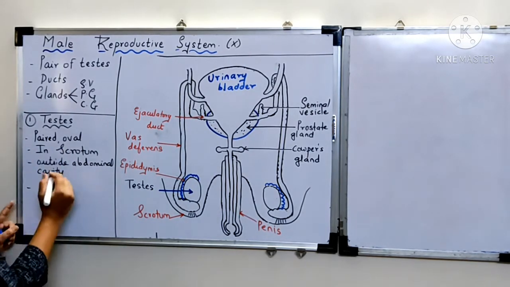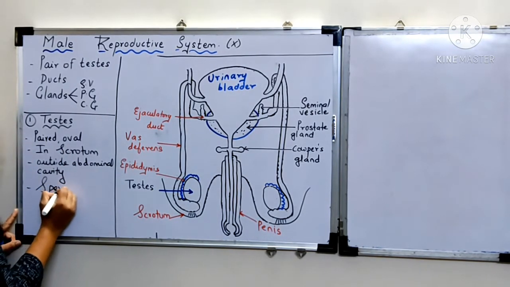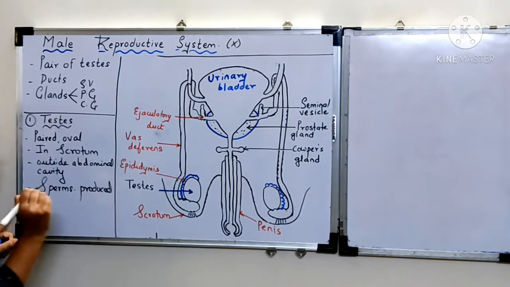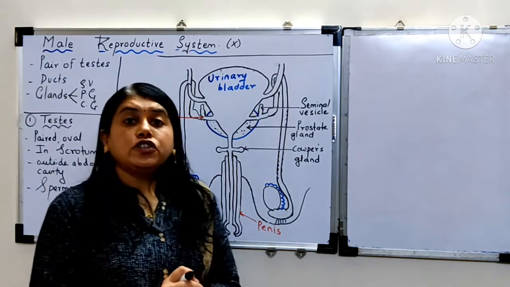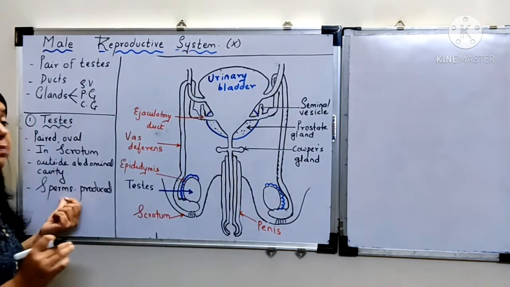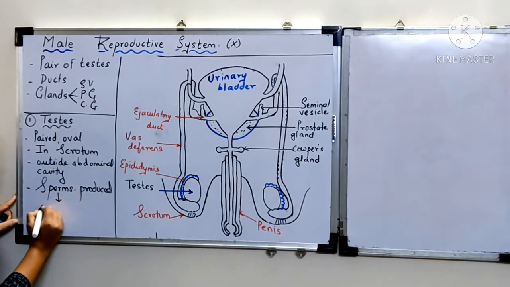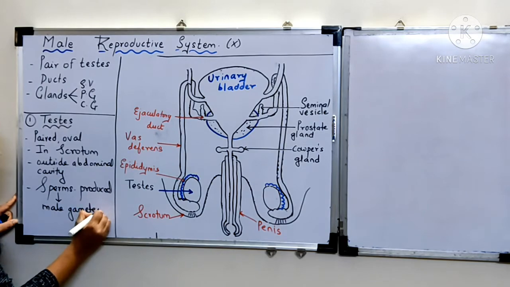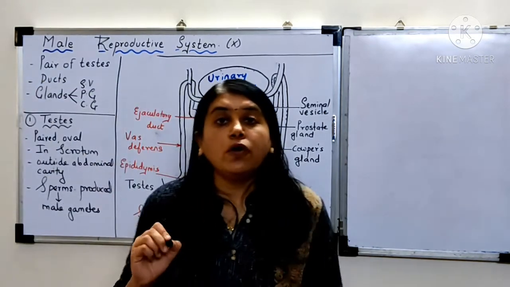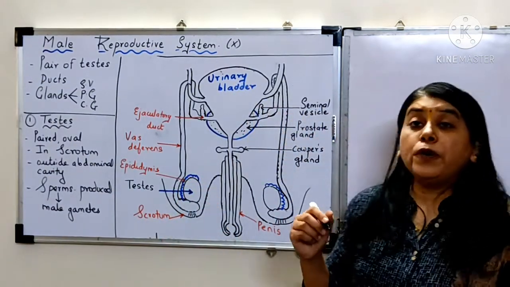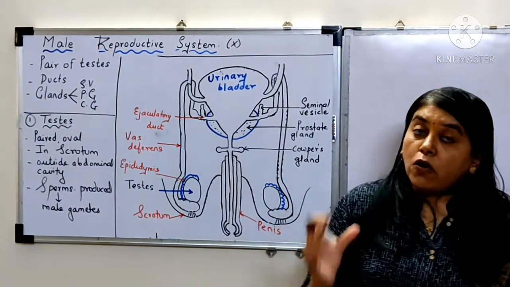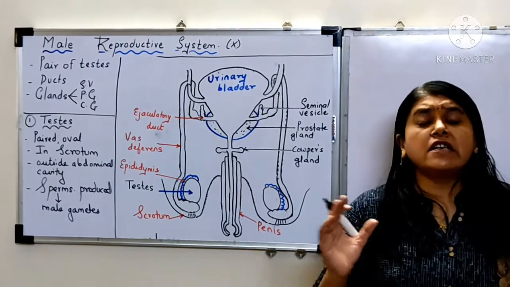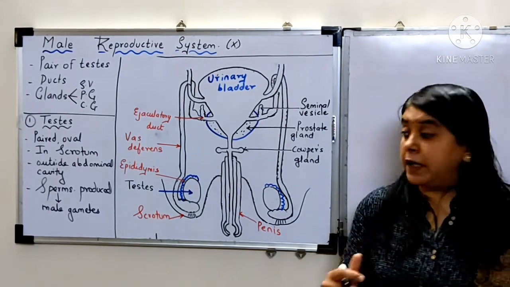Then, sperms are produced in the testes. Plus, another function of the testes. Now, what are sperms? These are the male gametes that we have to mention first. Another function of the testes is to produce the hormone. The hormone is called testosterone, which brings about all the changes in the males during puberty.